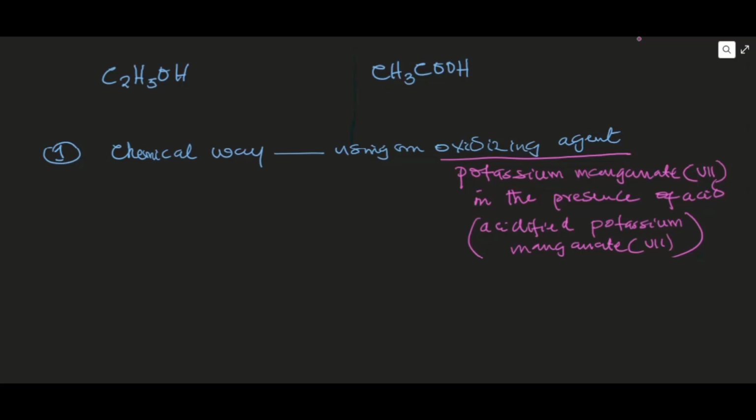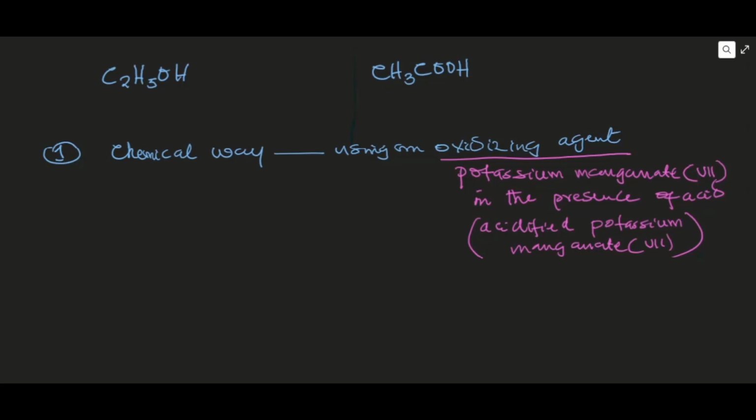If you remember, oxidation and reduction reactions involve two reactants, an oxidizing agent and a reducing agent. Our oxidizing agent is potassium manganate(VII) and our reducing agent is ethanol. The potassium manganate(VII) will oxidize ethanol to ethanoic acid, and ethanol will also reduce our potassium manganate(VII) to manganese(II).